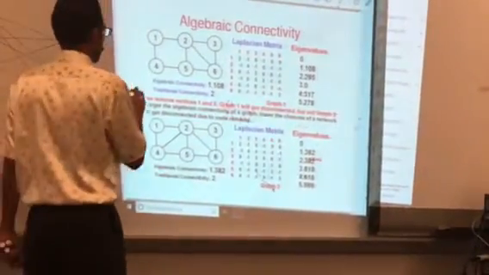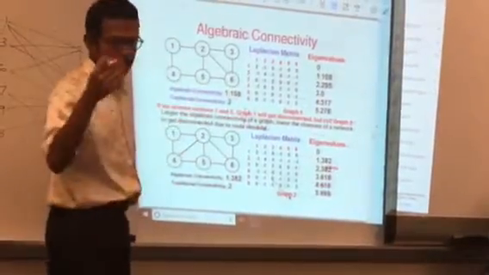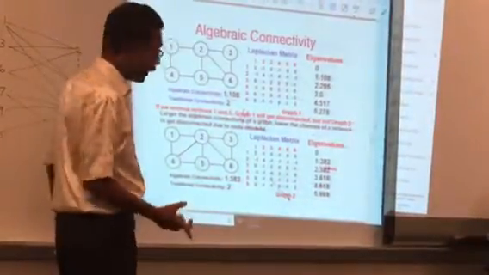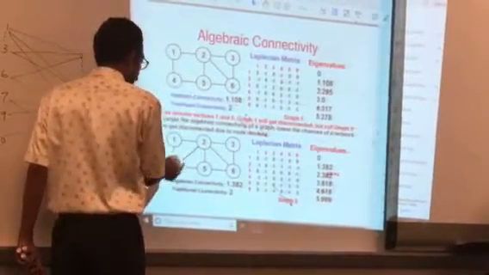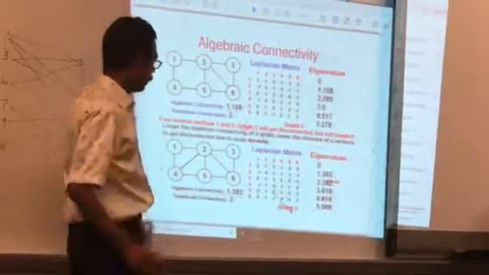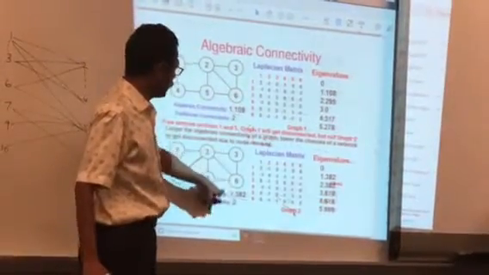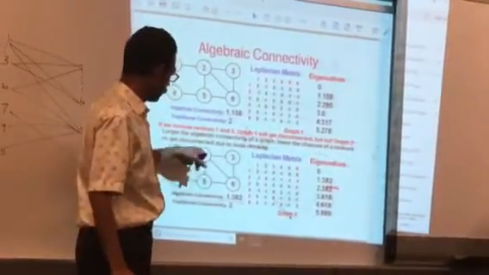We could determine something called the algebraic connectivity for any graph. And if you determine the algebraic connectivity of this graph and of this graph, it turns out that from 1.108, the connectivity increases to 1.382 just because this edge is there.